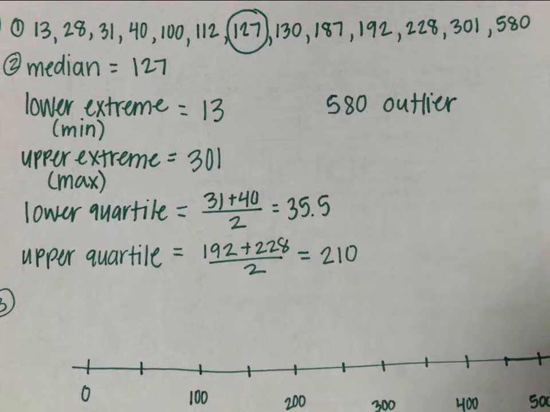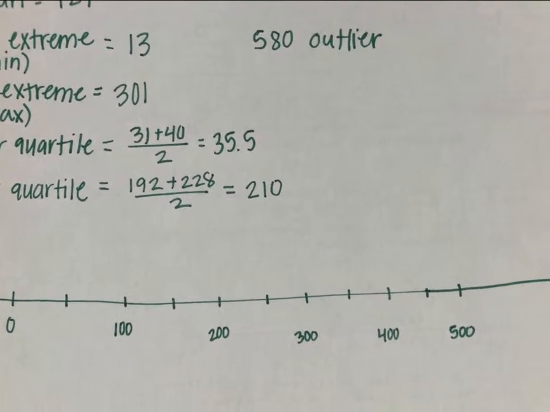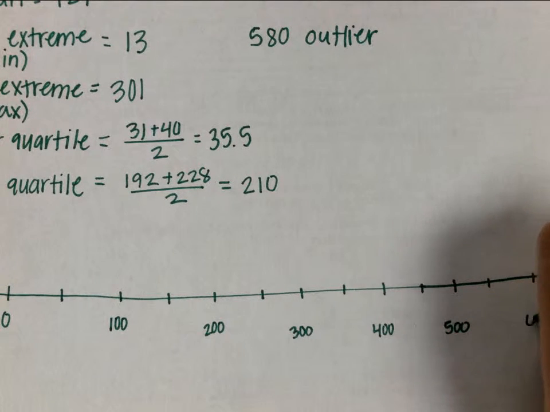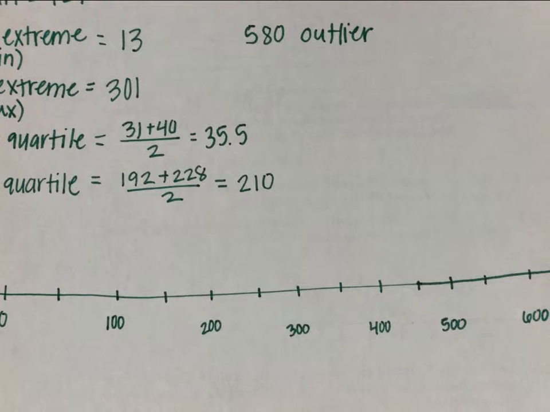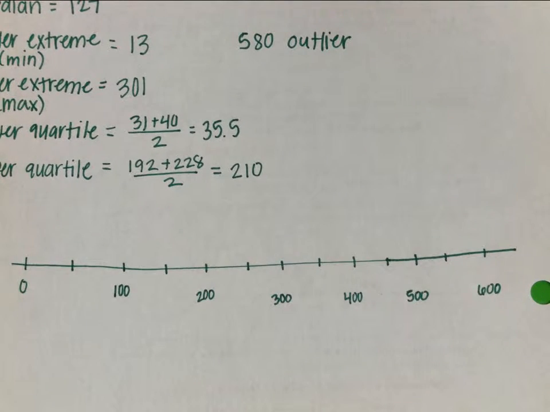What do I need to go up to? I need to go all the way up to 600, right? How many little lines do we need? 12. Right?